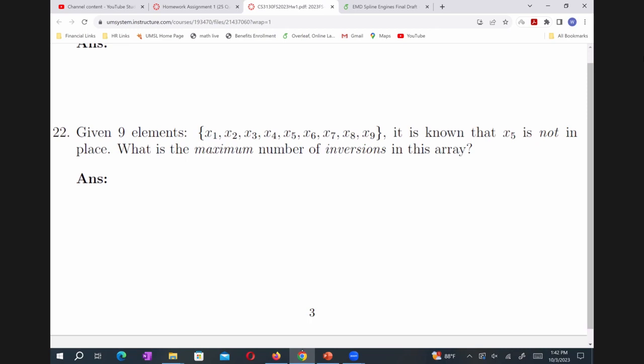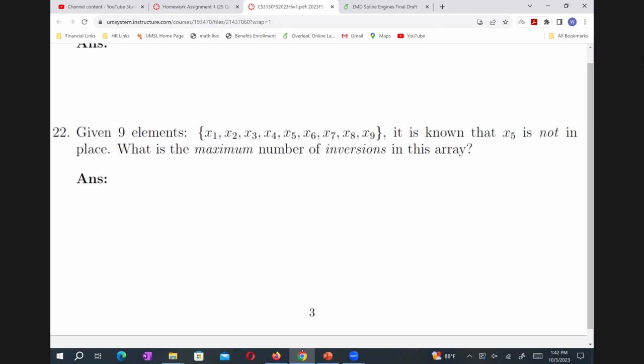Then, because we removed the X5 not in place condition, now we can add it back. This time we do not allow X5 in place. Now you look at the descending order. Is X5 in place in descending order? Yes, right? Yeah, in place.